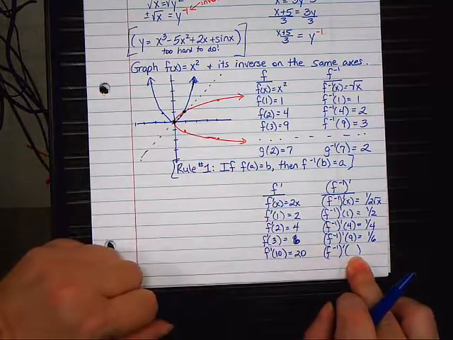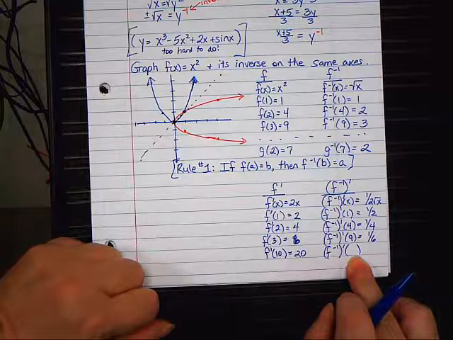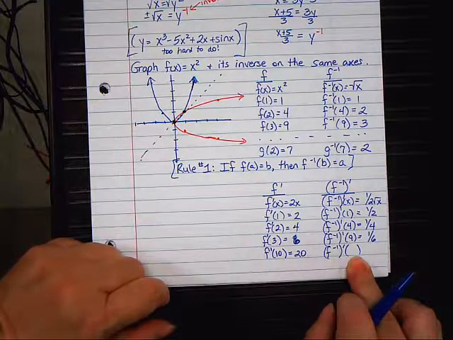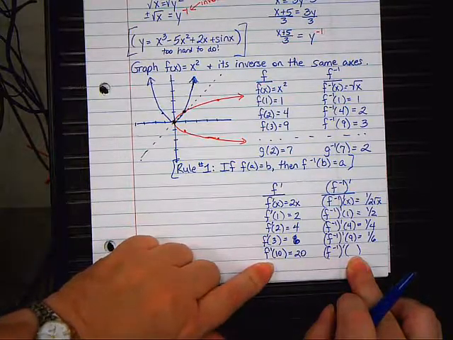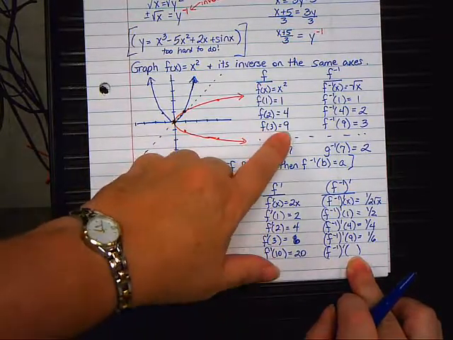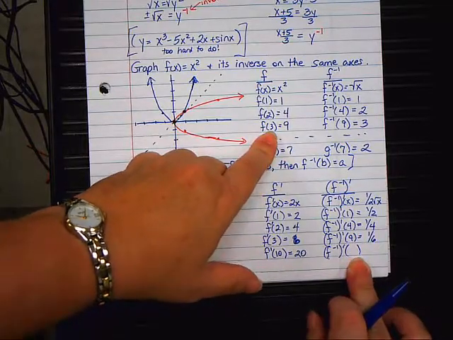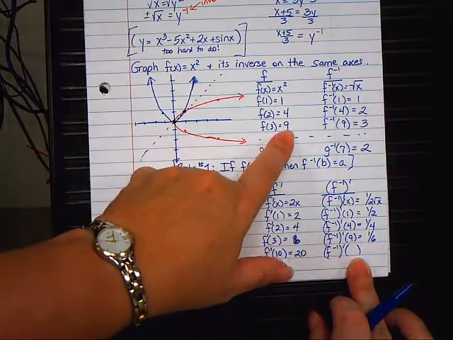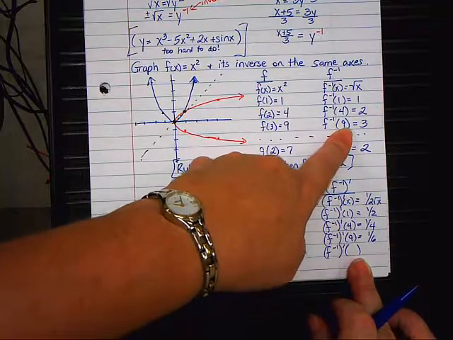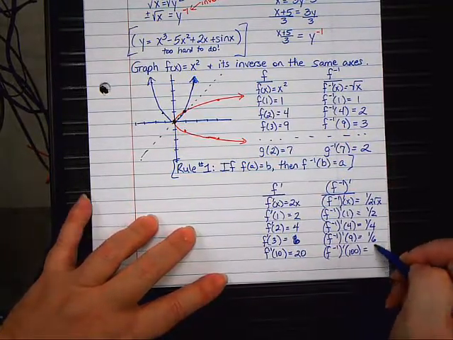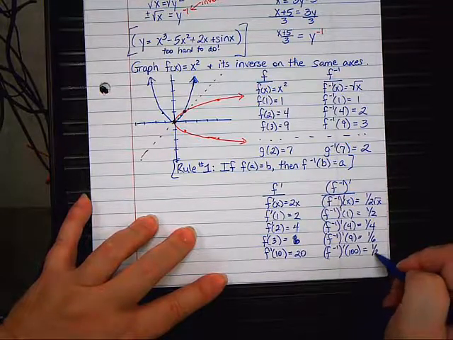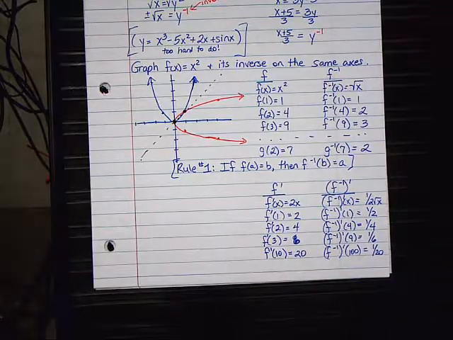No. Can you figure out what would go here? 100. It would be 100. How'd you get 100? It's always squared. So if I notice that when I put the original number into f, that's the number that went in here, right? So this would be 100, and this would be 1 over 20. Okay. That's the pattern I want you to see.